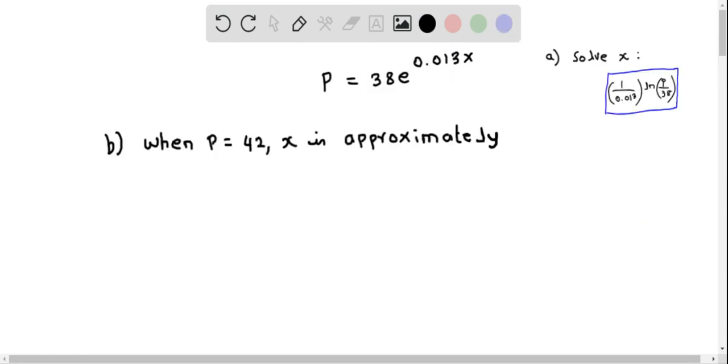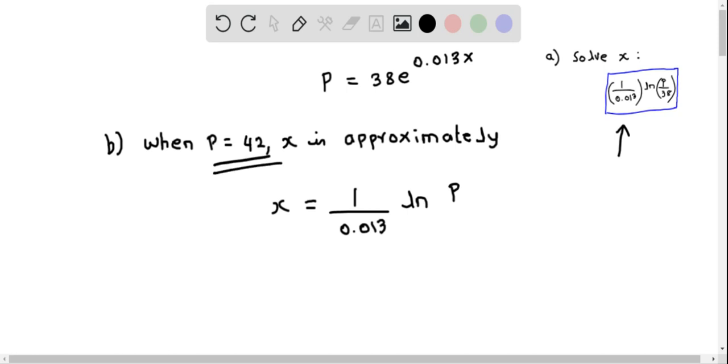Let's answer part B. So here, when p equals 42, we have to determine x approximately. So for this, I'm going to use this equation for x, which we found in part A. So let me copy the equation for x. This equals 1 by 0.013 natural logarithm of p over 38.